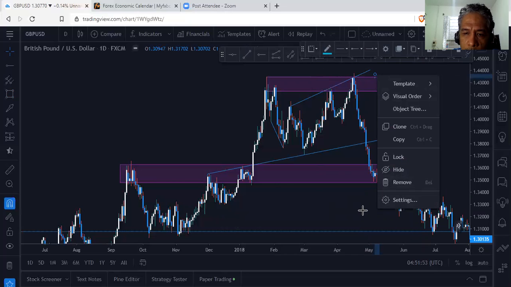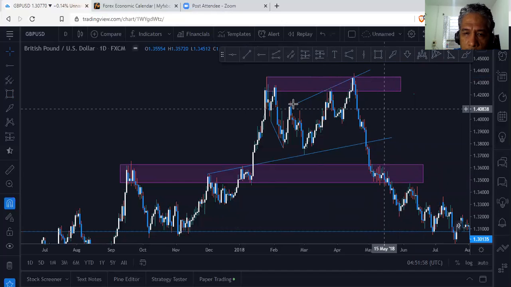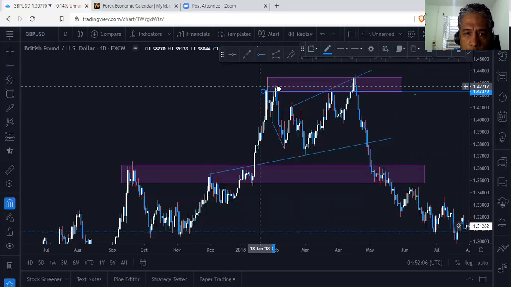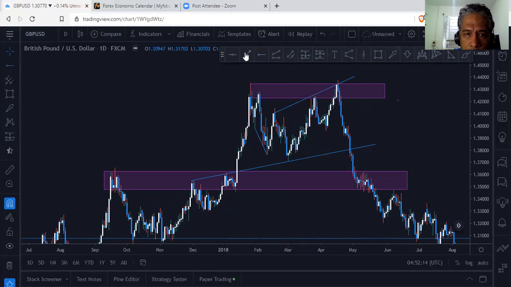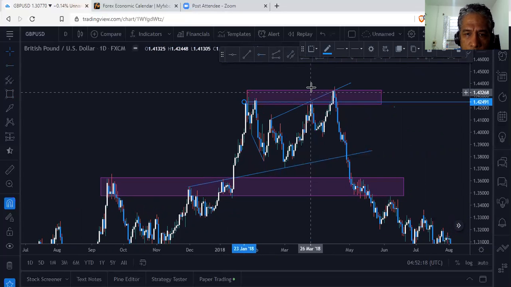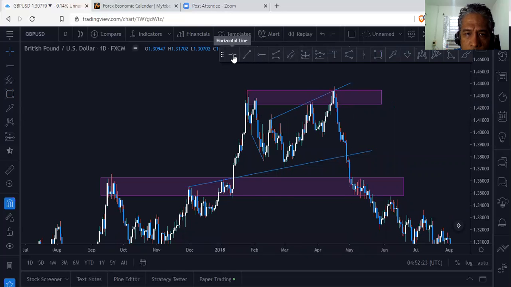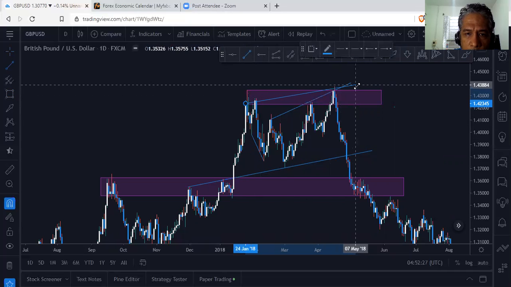So in this area, this is the area. You can see it here that this is really a strong resistance, because if you draw trend lines right here, horizontal trend lines, see that one?